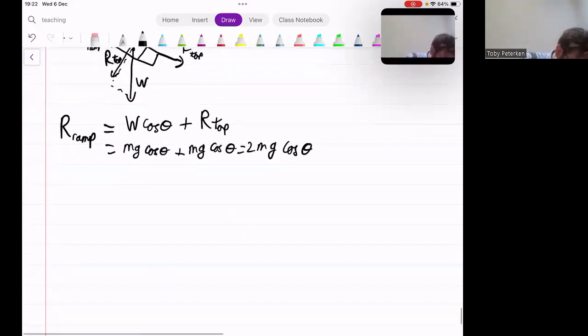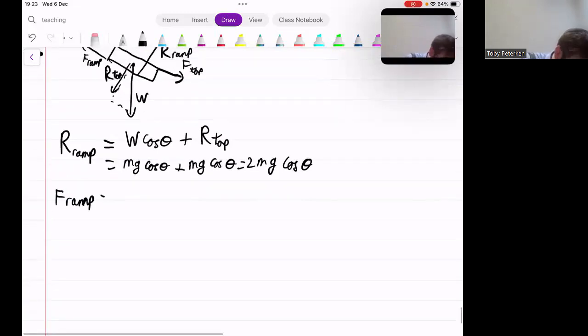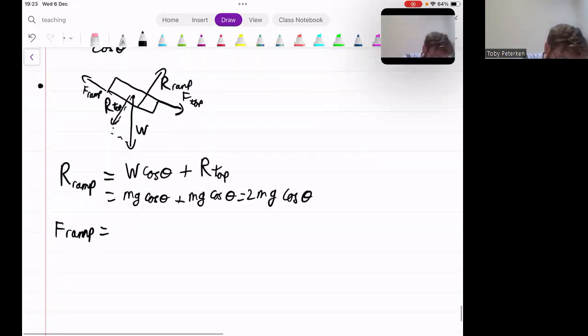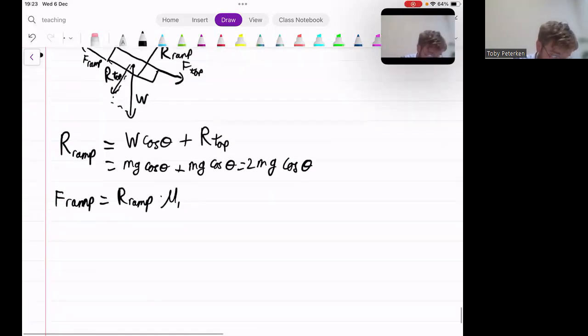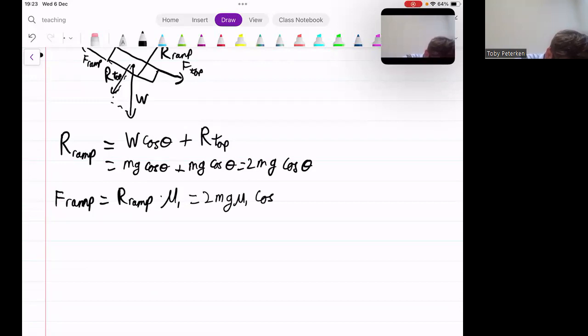So friction from the ramp then is equal to R ramp times mu1, which is equal to 2 mg mu1 cos theta.